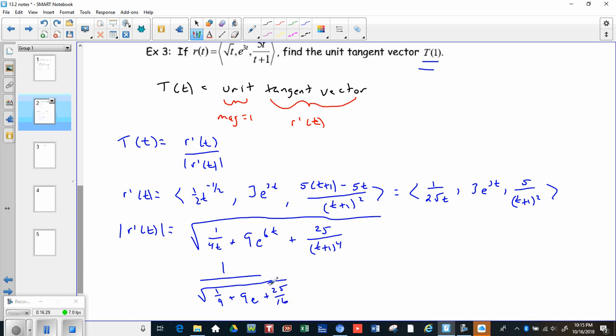And whatever that comes out to be. And then times, plugging a 1 in here, it's going to give me a half. Plugging a 1 in here is going to give me 3e cubed. And then plugging a 1 in here is going to give me 5 over 2 squared, or 4, so 5/4. So this is my unit tangent vector at 1.